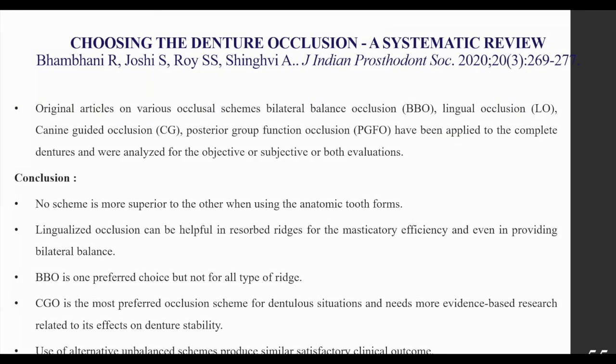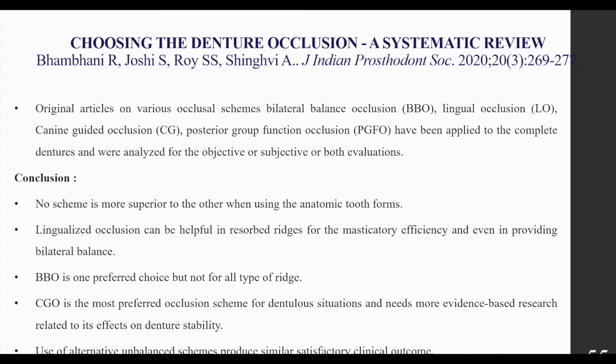Coming to a systematic review on choosing the denture occlusion, 17 articles were taken on occlusal schemes like bilateral balanced occlusion, lingualized, canine guided occlusion, and posterior function occlusion. The study concluded that no scheme is superior to the others when using the anatomical tooth form.